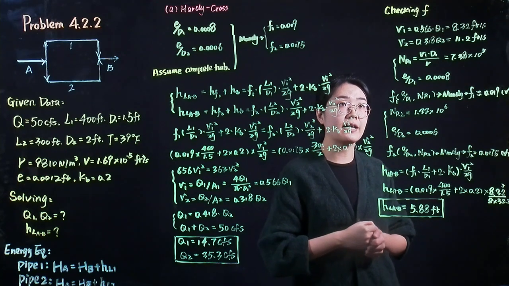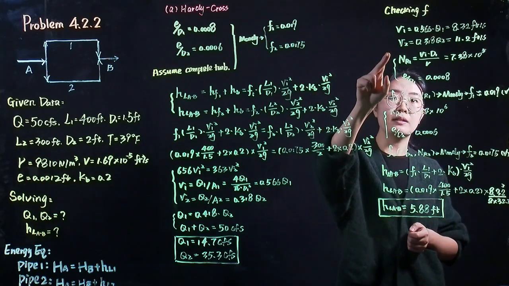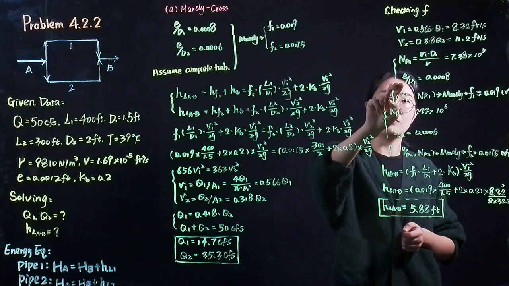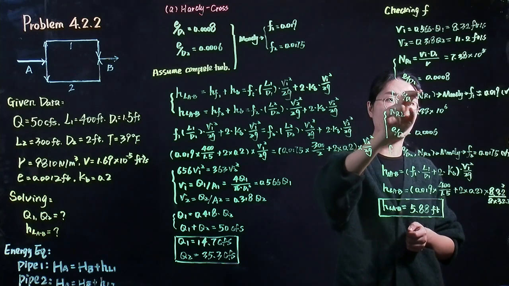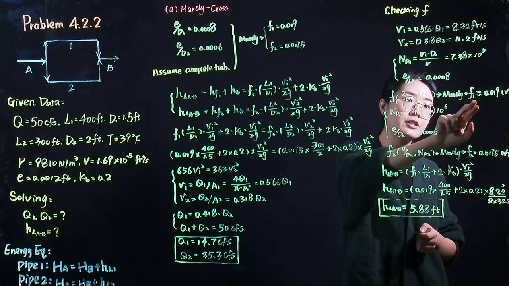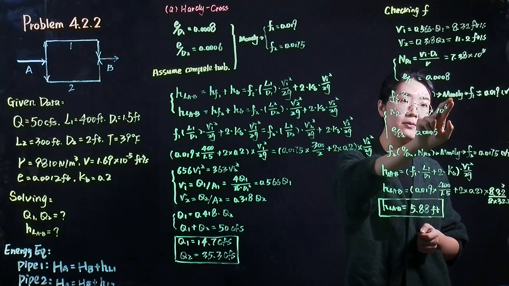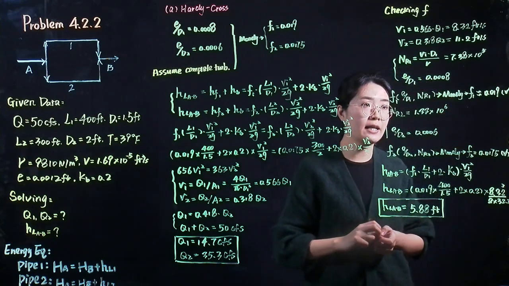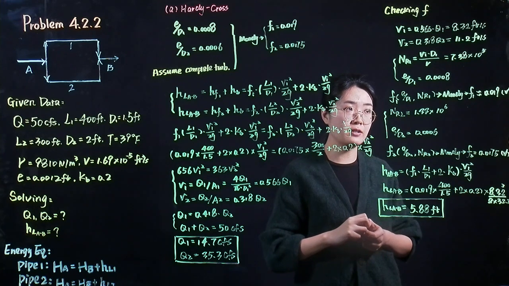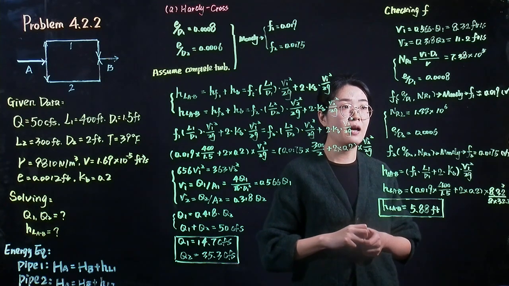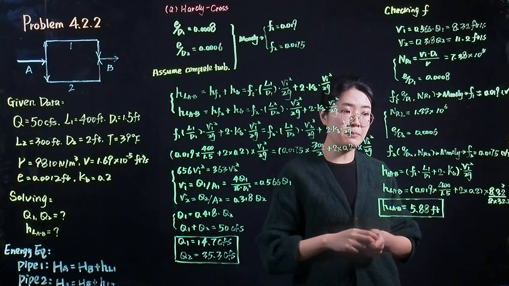And then we can calculate the Reynolds number. And based on the relative roughness, we can read a new friction factor in the Moody diagram. And after checking the new friction factor in these two pipelines, we find that we made a good assumption.